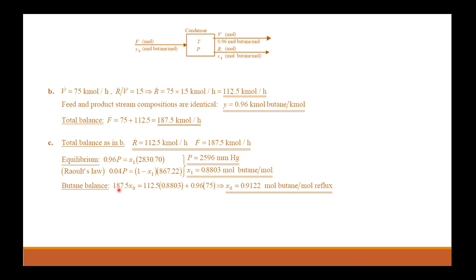So substitute the values in: 112.5, this one we have found here, R multiplied by 0.8803, which we have found here as x1, plus 0.96 multiplied by 75, which is V, your overhead product, and that gives us x0 to be 0.9122 moles of butane per mole of feed.